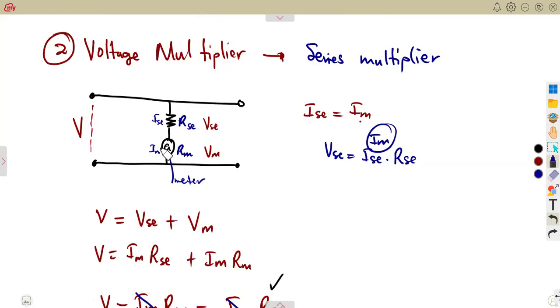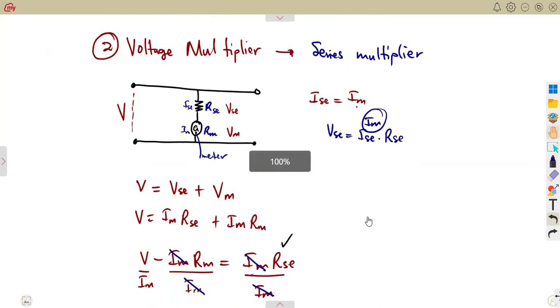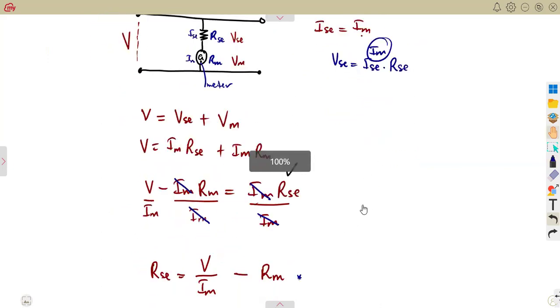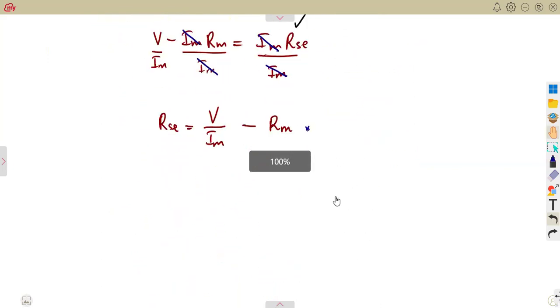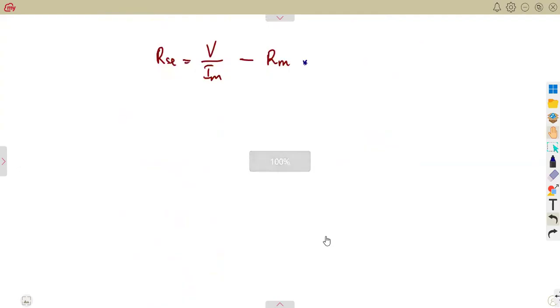All right, so you're going to have another part in our syllabus that is also important, which is the 2 wattmeter method for 3-phase supplies.